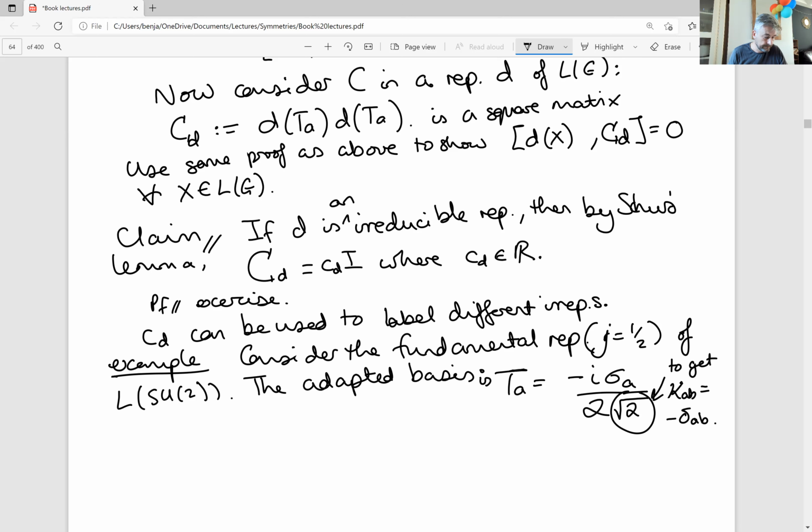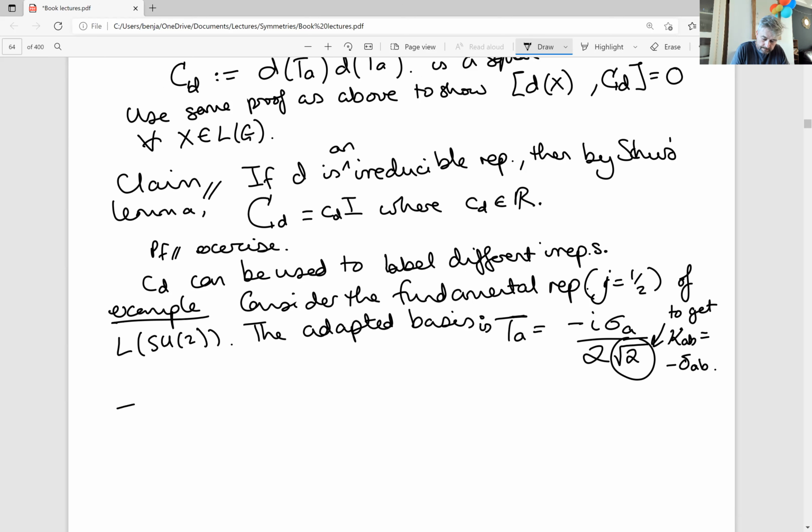This is our convention. So then our Casimir operator for j equal to half, which of course is T_A T_A, is minus an eighth sigma_A sigma_A.